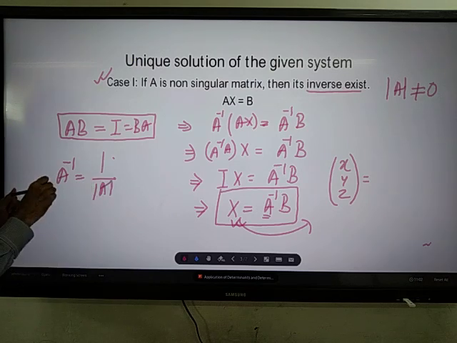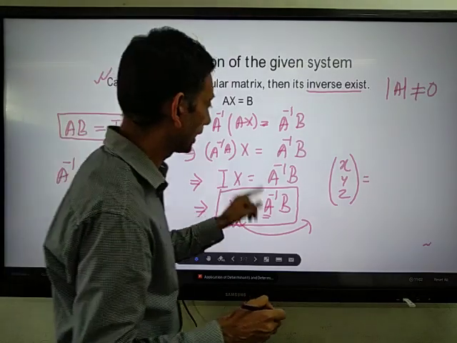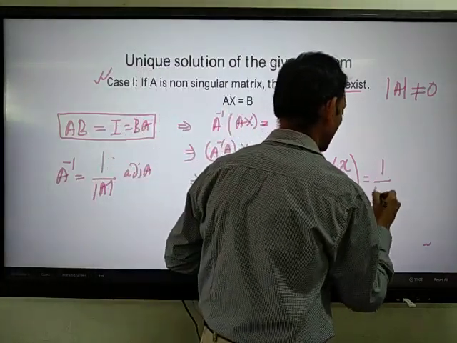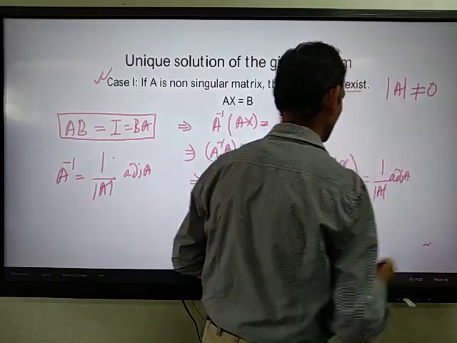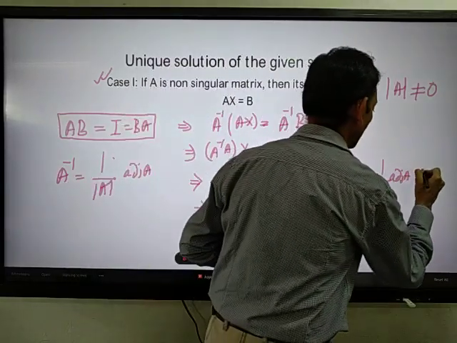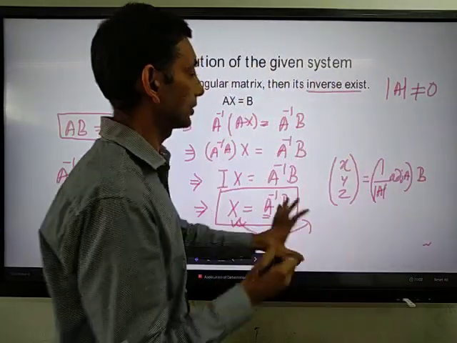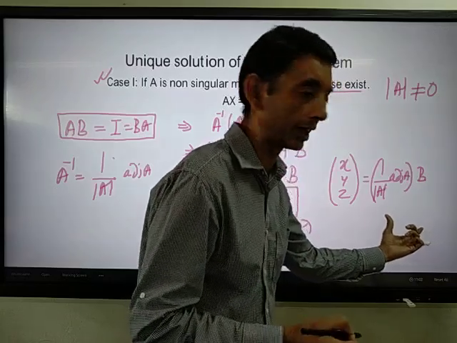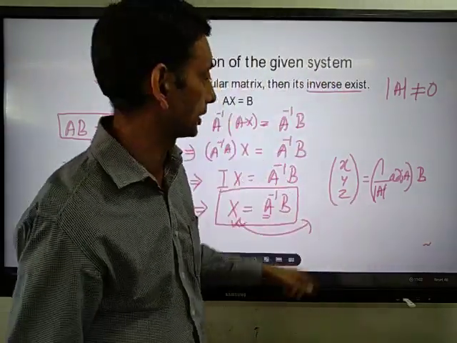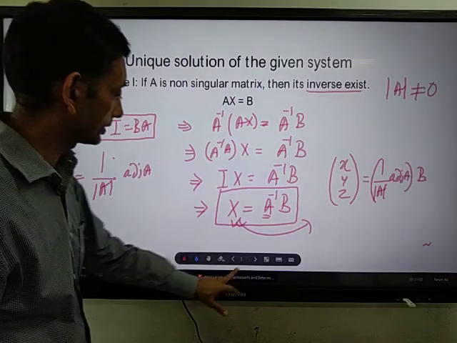A inverse is 1 by determinant A times adjoint of A. So in place of A inverse, we write 1 by determinant A into adjoint of A, and this will be multiplied by B. If we multiply these two matrices, you get a column matrix on the right hand side, and if you compare both matrices, you get the values of X, Y, Z. Let us move ahead.